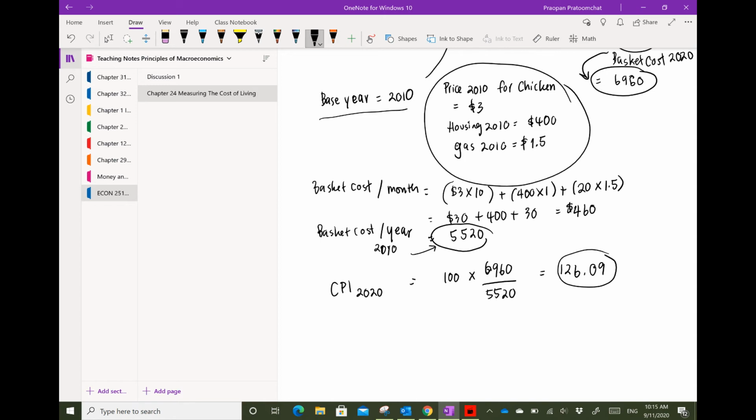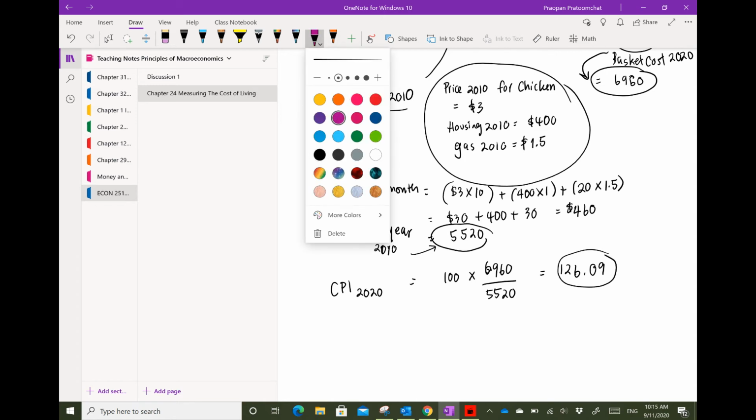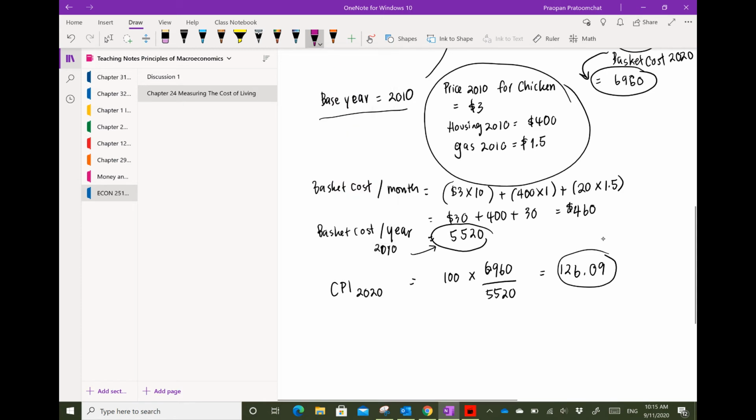What does this mean? It means the price level. I say price level because we're talking about many prices, right?